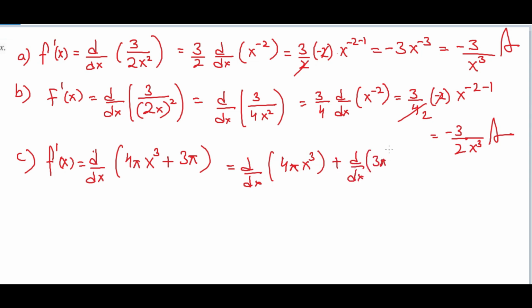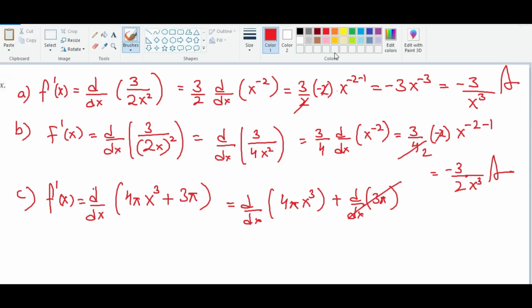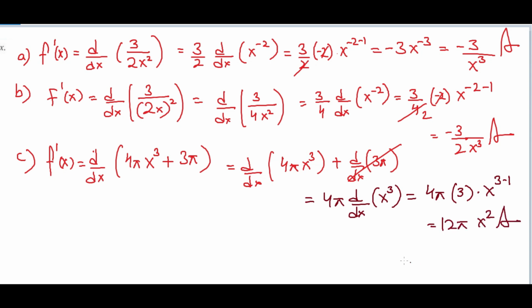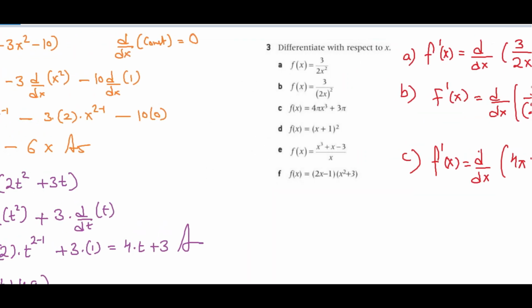You know the differentiation of a constant term is 0, so this gets off from here. Let's talk about this part. 4 pi can come out and differentiation of x cube is only to be done. So we get 4 pi, 3 can come out, x to the power 3 minus 1, which is 12 pi x to the power 2 only. So this is the answer for this one.